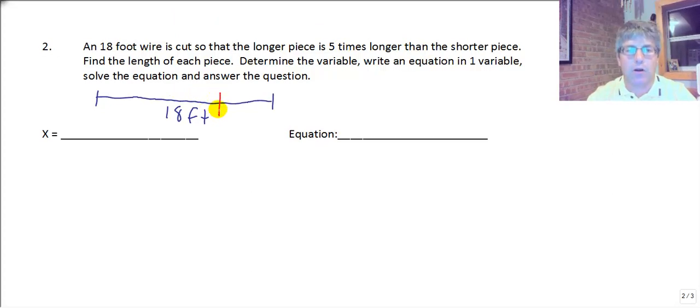So I've got a long piece and a short piece, and the long piece is 5 times longer than the short piece. Find the length of each piece. So I would determine the variable, write an equation, solve the equation, and answer the question. Well, x apparently is the length of the short piece.